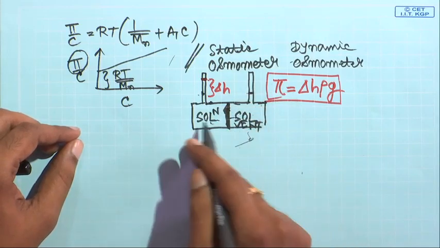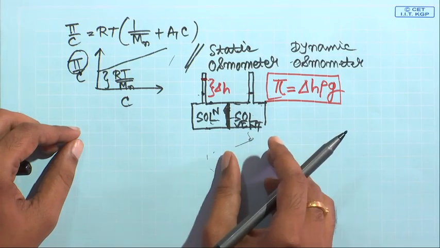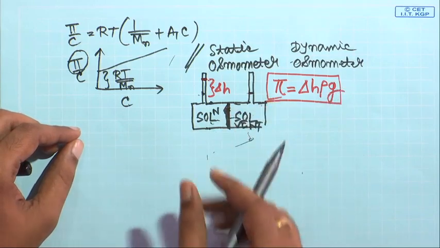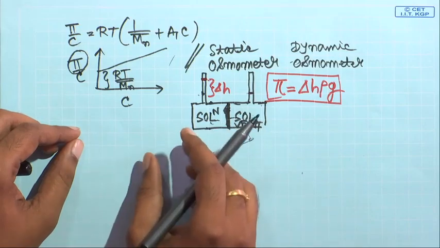You can lower or raise that solvent reservoir, and that way you adjust the pressure on the solvent side. This lowering or raising of the solvent reservoir is related to the osmotic pressure. That is how you determine the osmotic pressure in a dynamic osmometer.